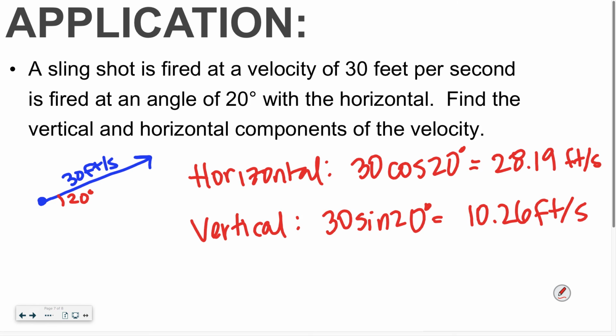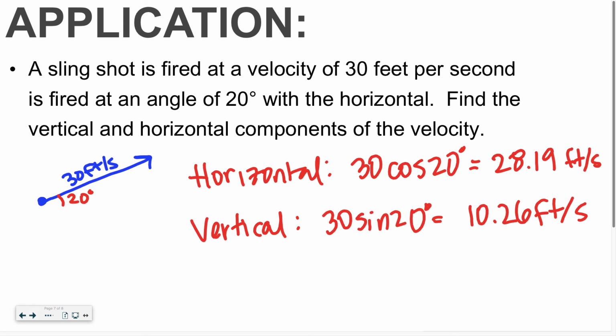So this is what I want you to imagine. What does it matter what the horizontal and vertical components are? Let's say I fire this slingshot and Dallas is laying on the ground.